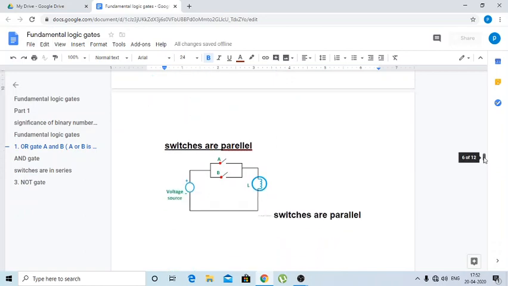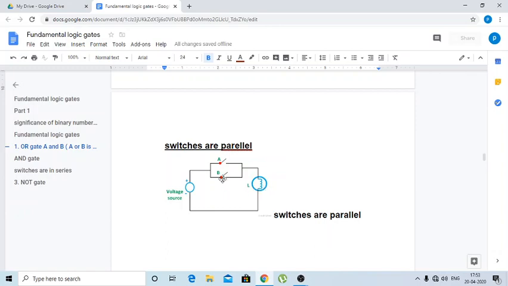Here we have the switching diagram also. A and B have two switches here, connected parallel to each other, and a voltage signal is supplied here. Suppose switch A is open and switch B is closed. Then the signal passes through B and the output is high.